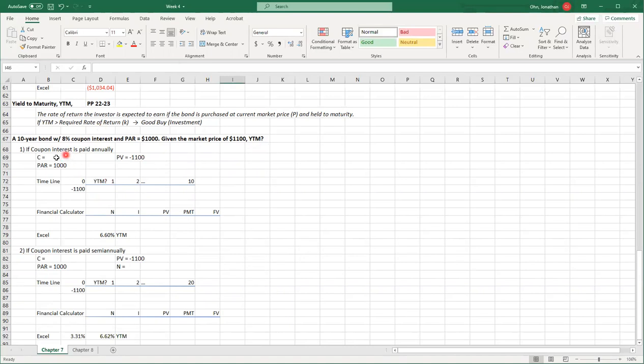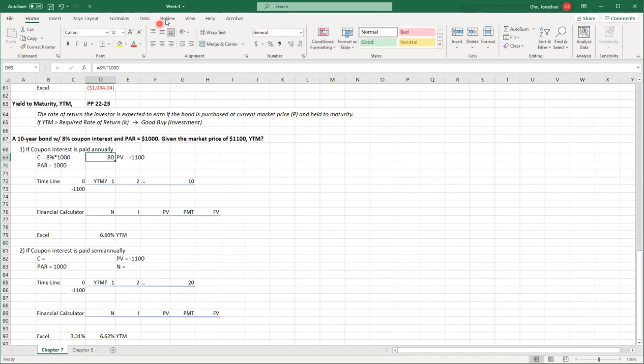Okay, a 10-year bond with an 8% coupon interest. How do you calculate the coupon payment? 8% times $1,000. That is your annual coupon payment. 8% times $1,000 is $80.